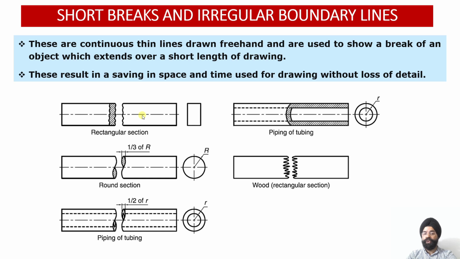So what we are going to do, because it is a symmetrical object, any pipeline could be there, any tube light could be there, or any other structure could be there, I will draw it to a scale of not 1:200. I will draw it to a scale of 1:10 only. But if I draw it to 1:10, obviously my length cannot be accommodated into the drawing sheet. So what I will be doing, because there is monotony in the design, there is continuity in the drawing, I will put down this break over there.